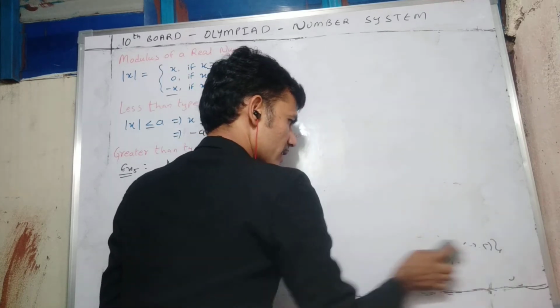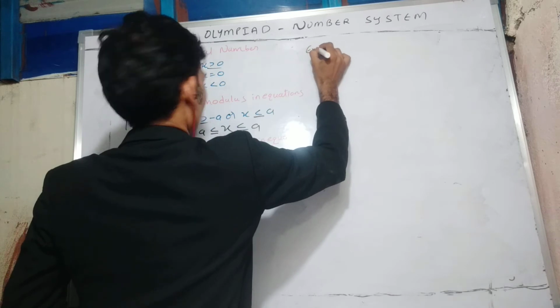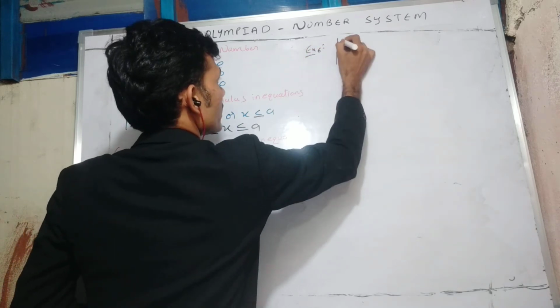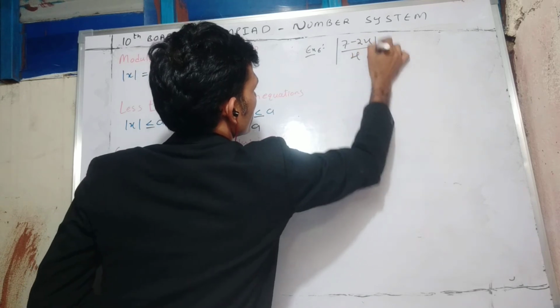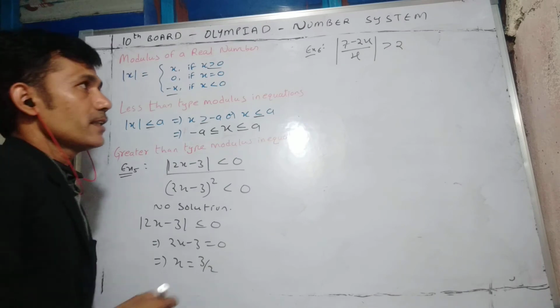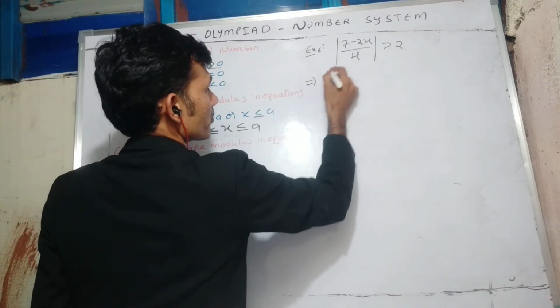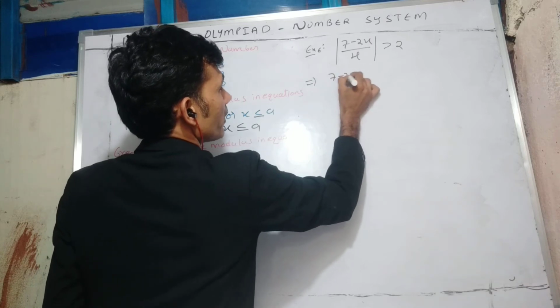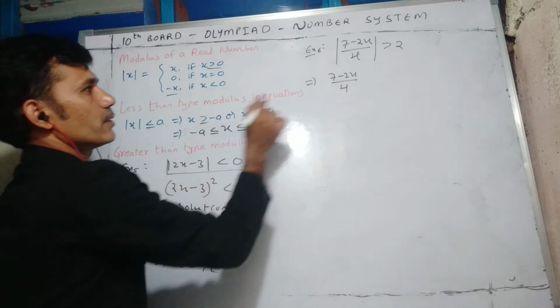Okay, some other example I will take, like modulus of (7 minus 2x) upon 4 is greater than or equal to 2. By formula you can write like this. What is the formula? Here greater than is there, so less than will come.